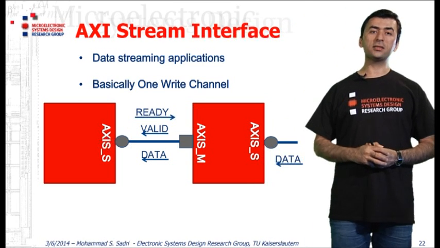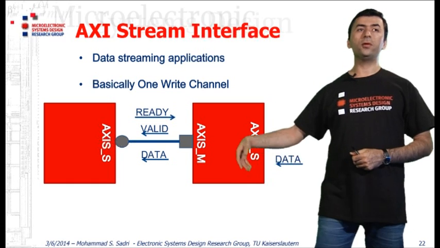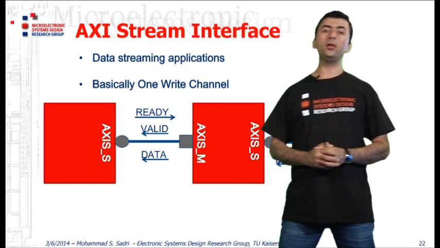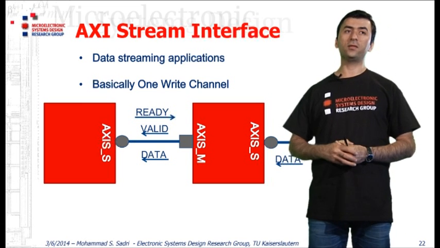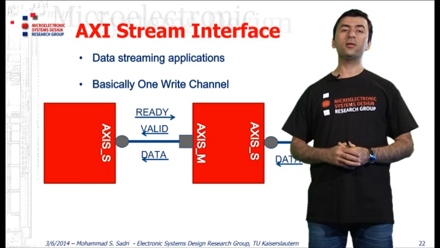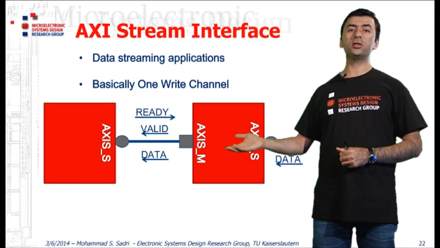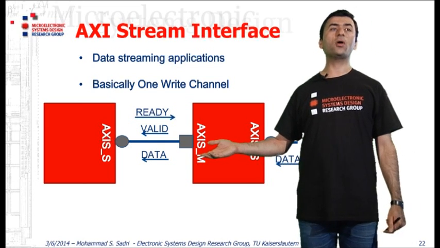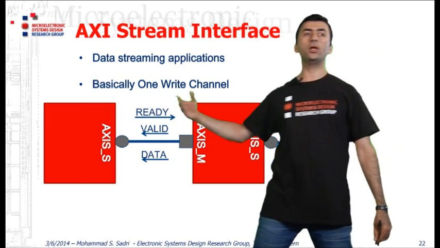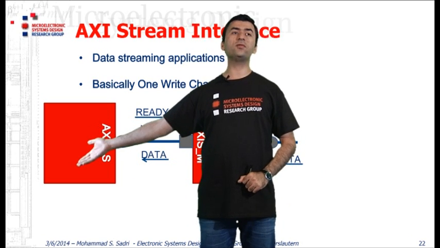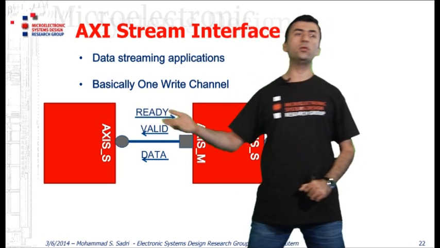In these cases, when a module wants to transfer data to another module, it doesn't need to provide the address for that specific amount of data. And furthermore, the direction of data is always unique. The direction is always from this module to the next module. It never happens that you need to transfer data from this module back to the previous one.